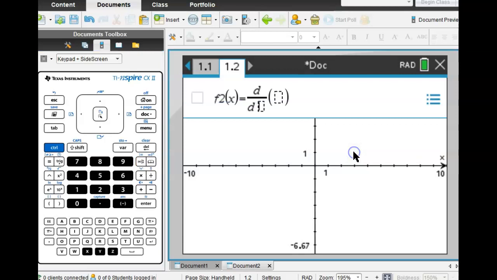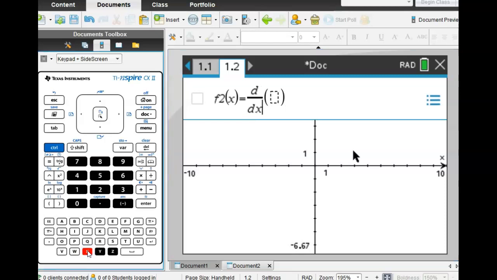So we click that. And you have to put in that you are taking the derivative with respect to x. Put in my x there. And what do I want to take the derivative of? f1, right? So I can just type in f1 of x. Okay, yeah, you have to put the of x in there.